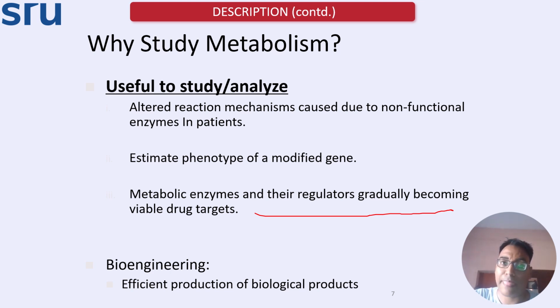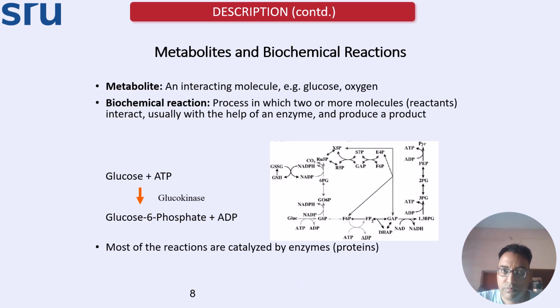So that I can get the required details of the reaction mechanism. Now to extend the discussion further, understand that a metabolite means any kind of interacting atom or interacting molecule, like glucose, oxygen, NADH, any type.